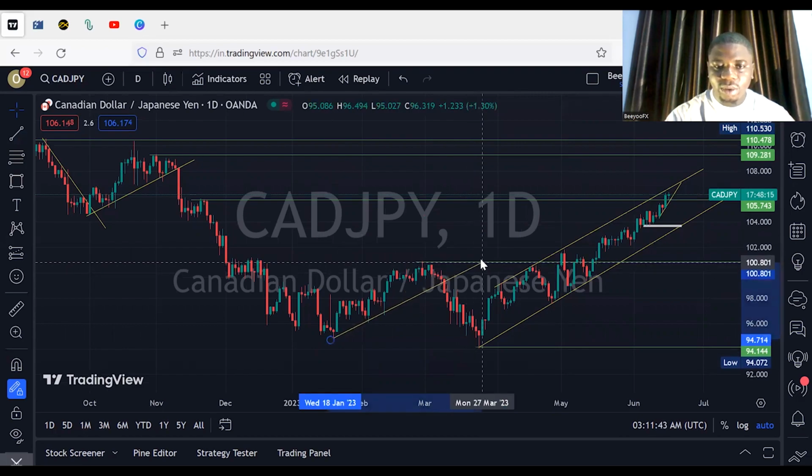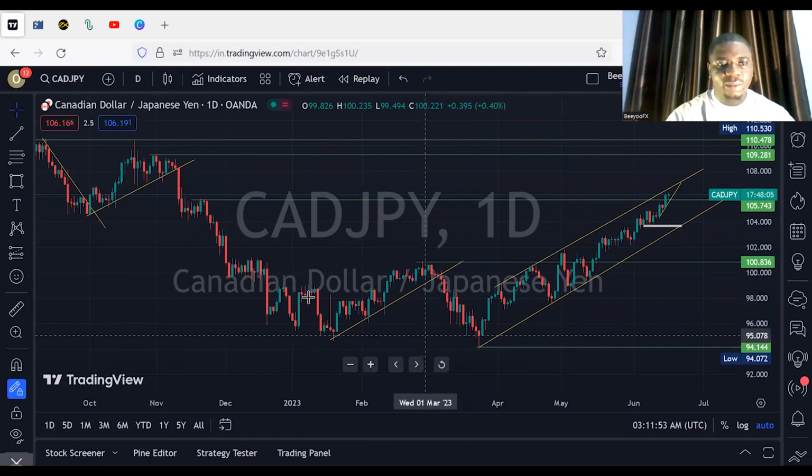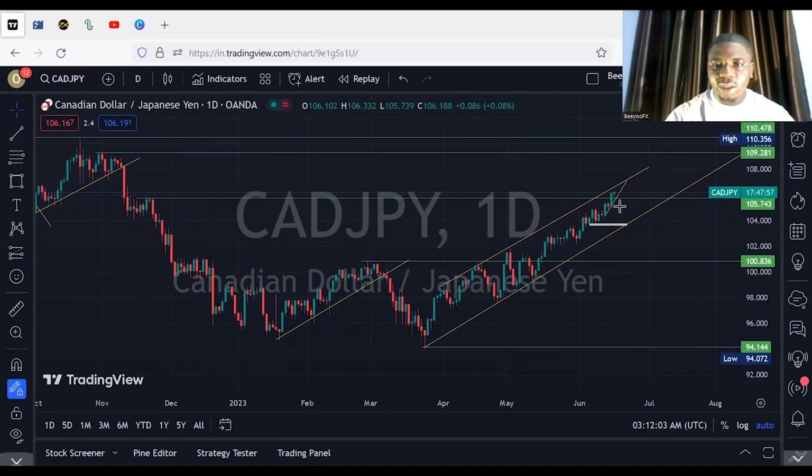So something like this: you're waiting for a break, then the market breaks out, then you can enter your trade from here. The market moved down successfully. And then this current trend that is going on, you can see I've already put my counter trend line here again. So I'm waiting for the market to break out from this place, then I'll be picking this market for a sell if I can see extra confluence.